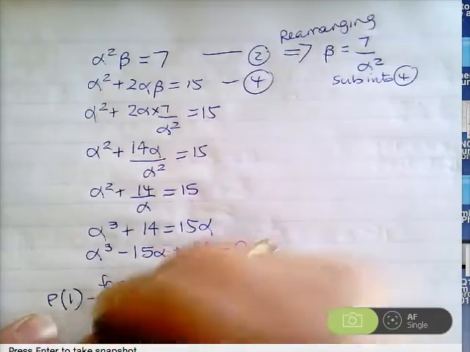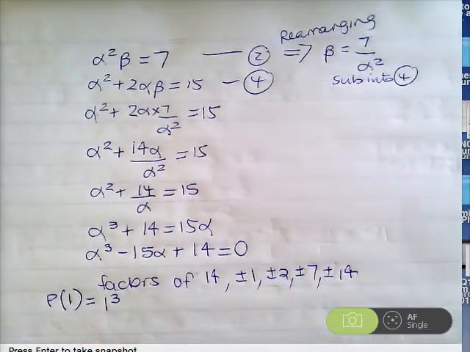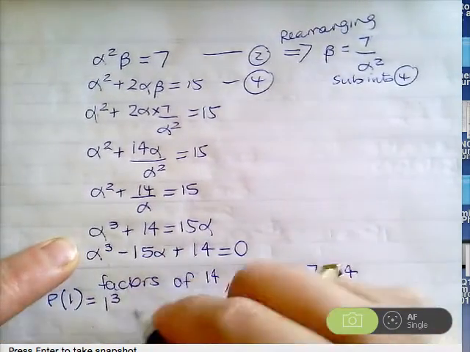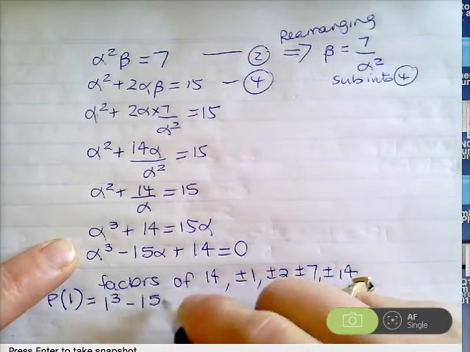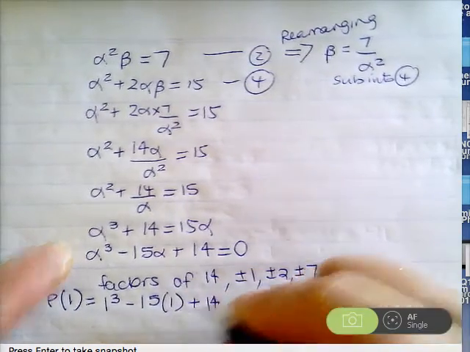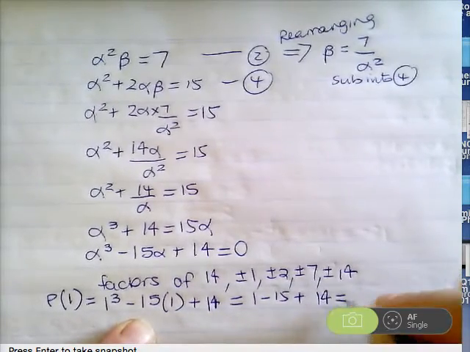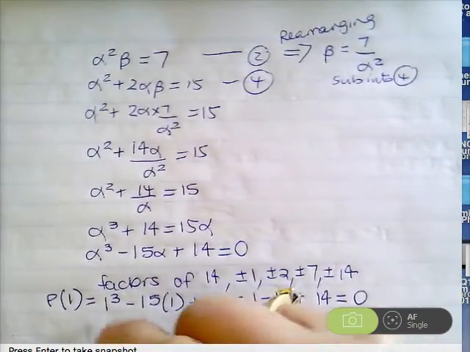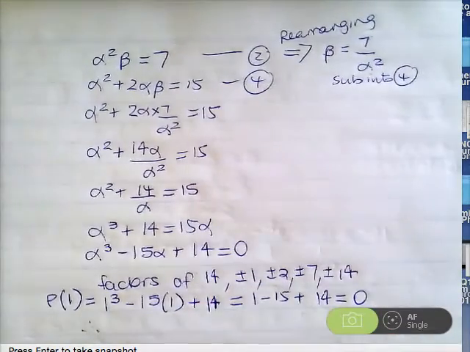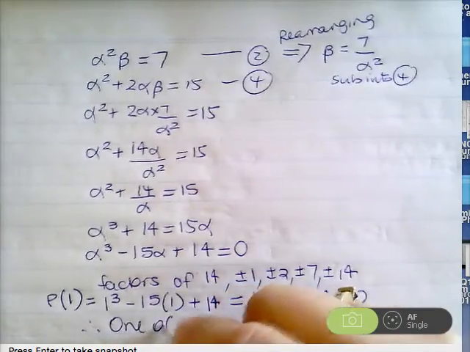We try these, starting with plus 1, into this equation, and it works. 1 minus 15 plus 14 equals 0. So therefore, x minus 1 is a factor, or one of the roots.